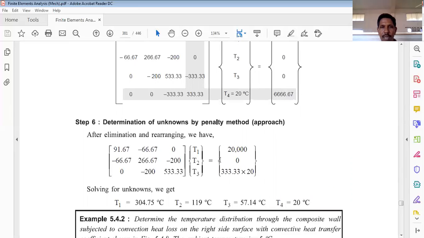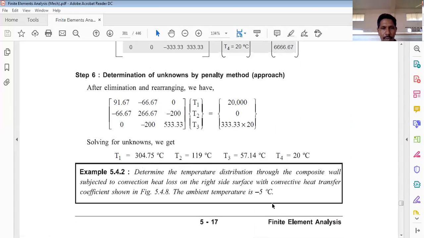This value is considered for the third row, as it is multiplying with the 20 degrees centigrade. When you solve this 3 by 3 matrix, you will get T1 as 304.75 degrees centigrade, T2 as 119 degrees centigrade, T3 as 57.14 degrees centigrade, and T4, which is specified in the problem, equal to 20 degrees centigrade.